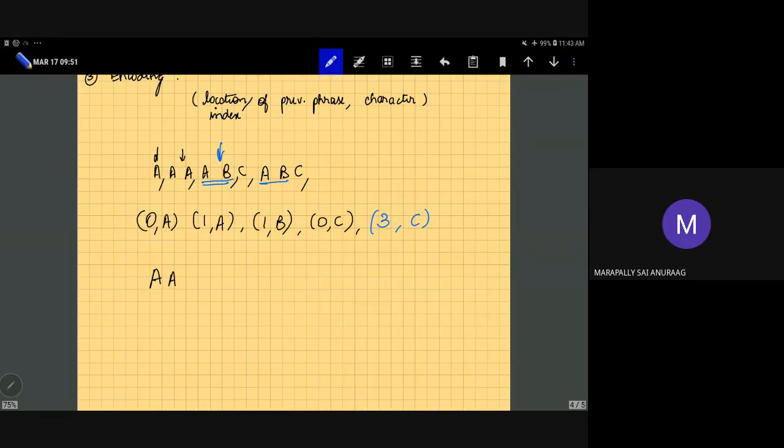In your alphabet, you just include an empty character, which encodes no character. The last phrase is a little bit tricky, and one way to solve that is to append an empty character to your alphabet and use that to encode.